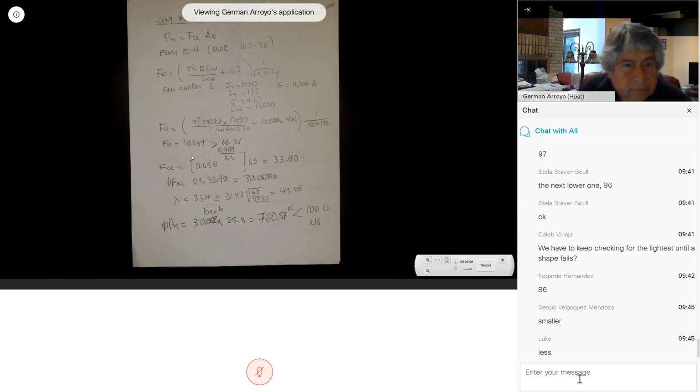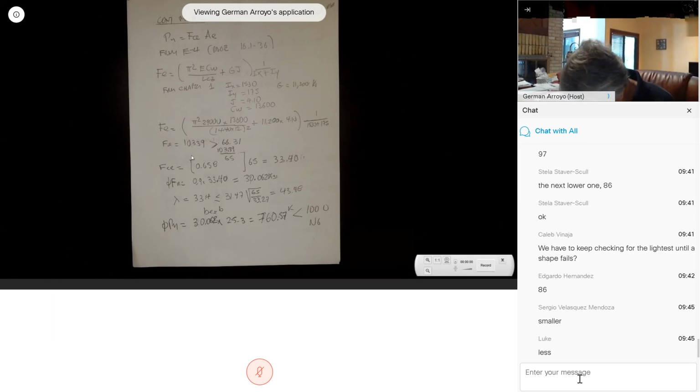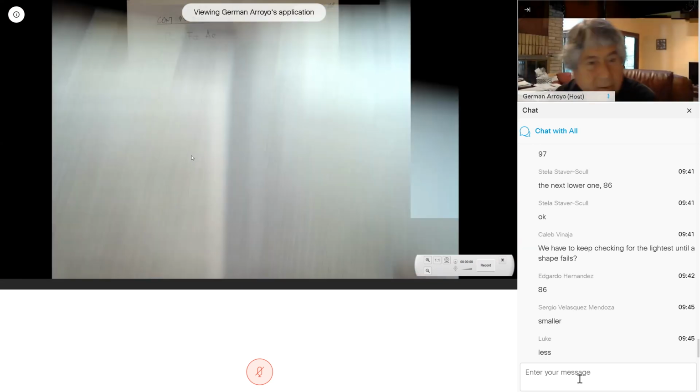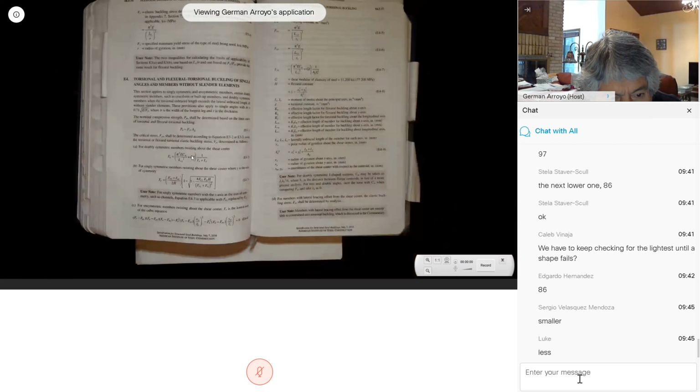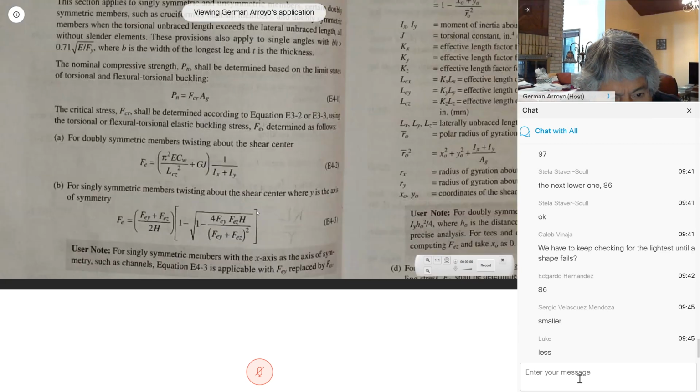And let me check this equation. Yeah, this is the equation that I'm talking about. This is the equation that I used the other day.